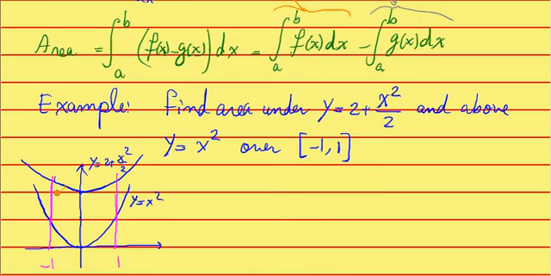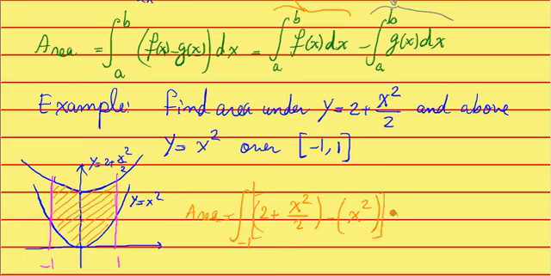The area we are interested in will be then this. What is that area? Well, we learned top minus the bottom, so I write 2 plus x squared over 2 minus the bottom, which is just x squared, and then I'm going from -1 to 1.